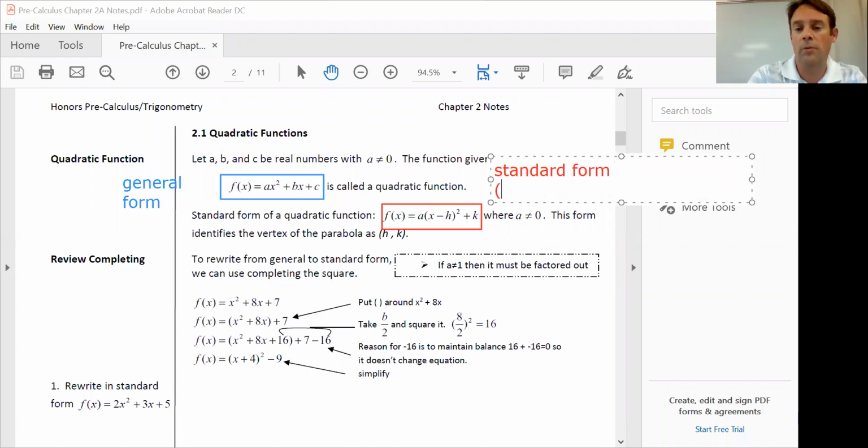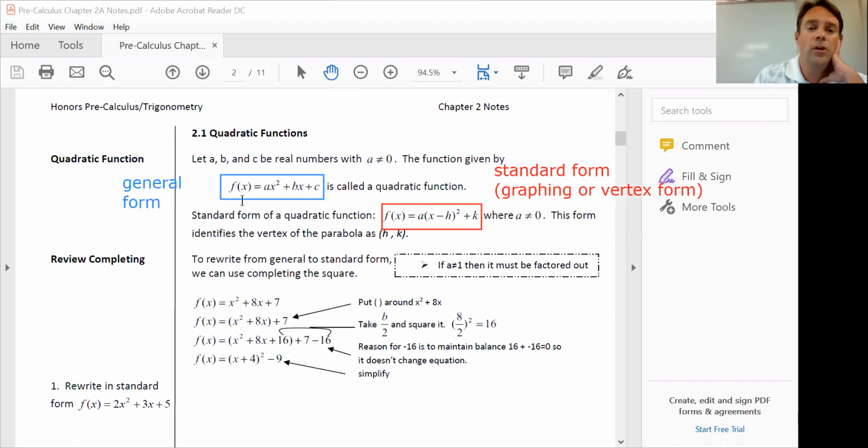You might remember that we sometimes call that graphing or vertex form. Depending on who you had in integrated 3, you may have called it one of those names. So ax squared plus bx plus c is our general form. A times (x minus h) squared plus k is our standard form, or vertex form, or graphing form.